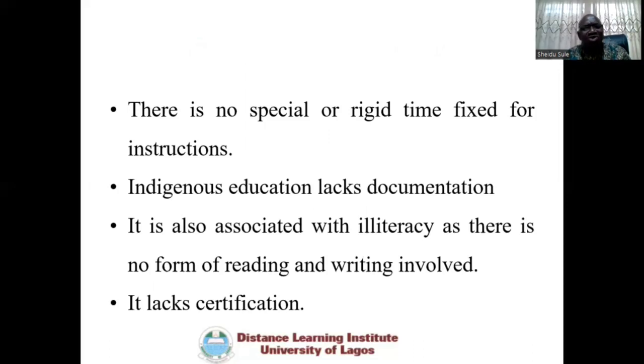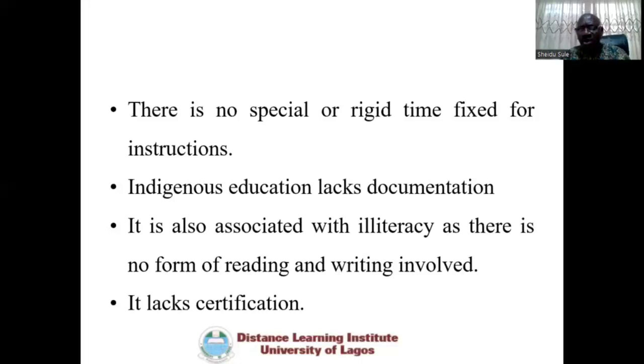Indigenous education lacks documentation, perhaps because reading and writing is a problem, as it is associated with illiteracy. And when it lacks documentation like that, everybody tends to tell stories. Knowledge is transmitted through oral literature.